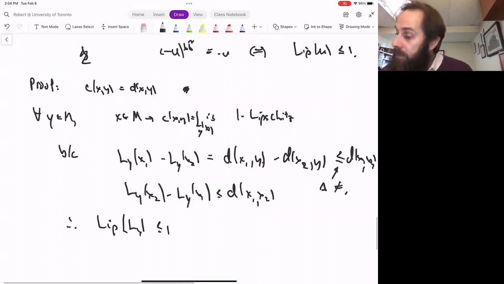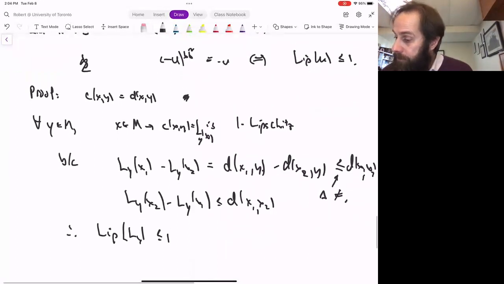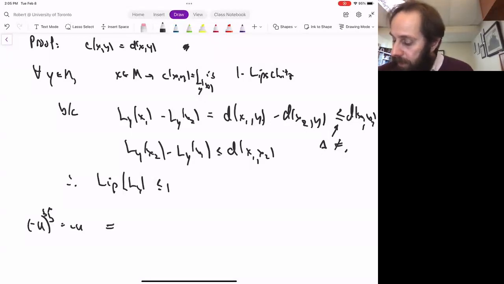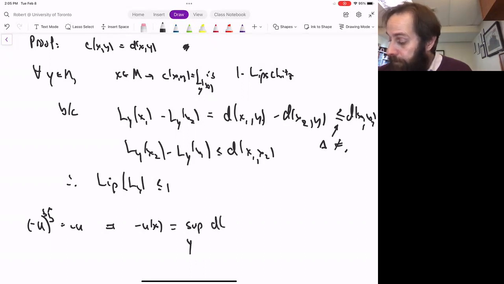And so if minus U transformed twice is minus U, then in particular minus U of X is sup over Y of minus D of X, Y minus minus U b, or maybe minus negative U b.